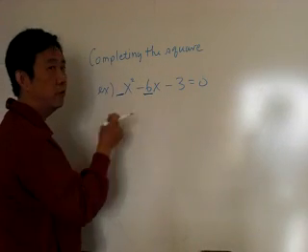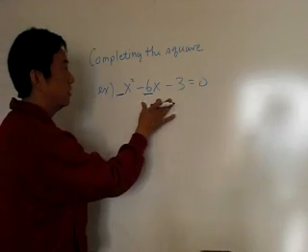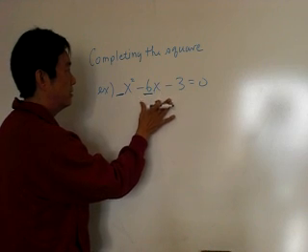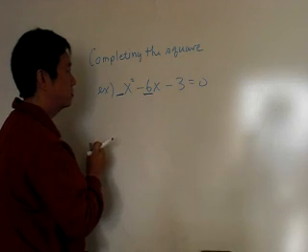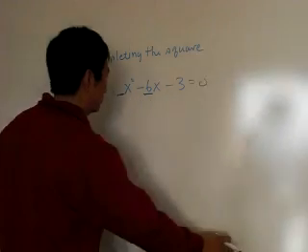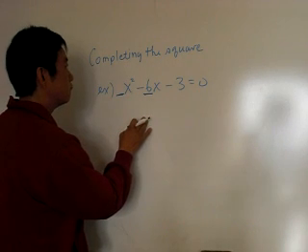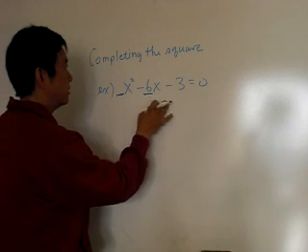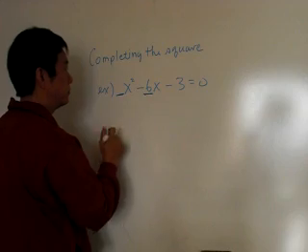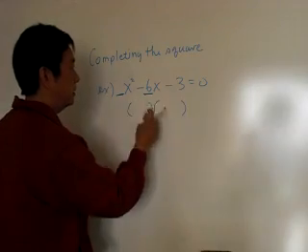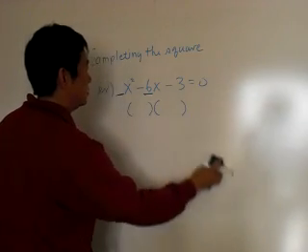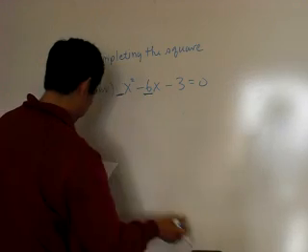And it's also used quite a bit in conics, so keep this in mind when you're trying to solve quadratic equations. Notice also that this is not factorable, so that's why we're using the completing the square method.